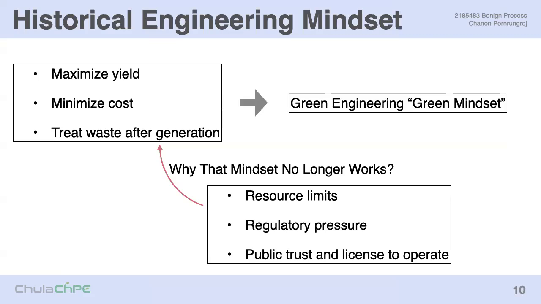And why does the mindset no longer work, right? Because we have limited resources. As you know, we dig petroleum, crude oil, from underground. It is a finite resource. You take it, you burn it, you create a lot of environmental impact, right?